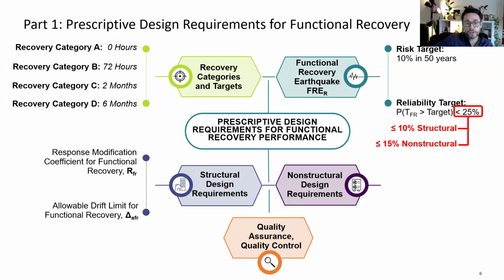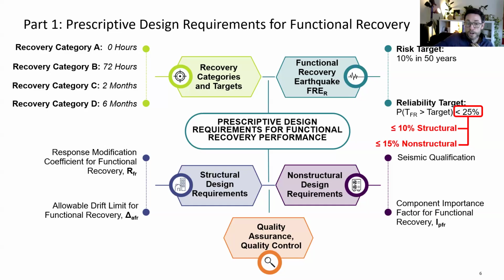Now, on the structural side, we've done this by introducing a response modification coefficient for functional recovery, RFR, and allowable drift limits for functional recovery performance, delta A FR. And on the non-structural side, we've introduced seismic functional recovery component importance factors, or IPFR, as well as seismic qualification of equipment that is required to support the building's basic intended function.